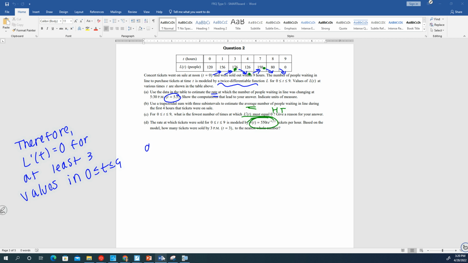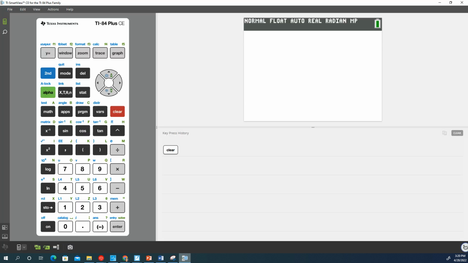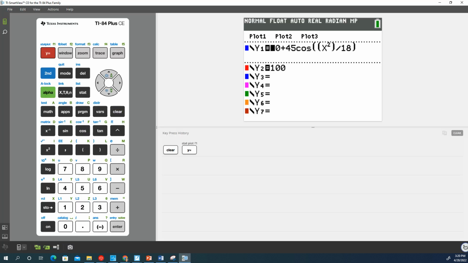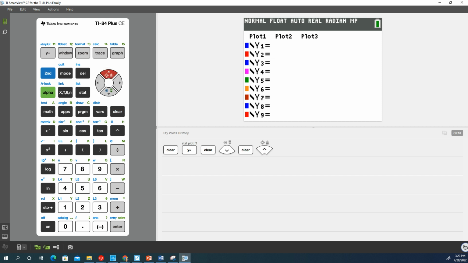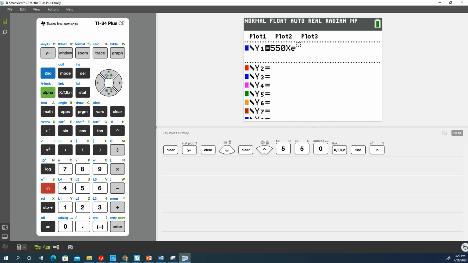So all you would have to show for part D is the integral from 0 to 3 of r of t dt, and it says round to the nearest whole number. So let's do that quick. I'm going to type it into my Y1 because I make fewer mistakes that way. So I have 550x e to the negative x divided by 2.